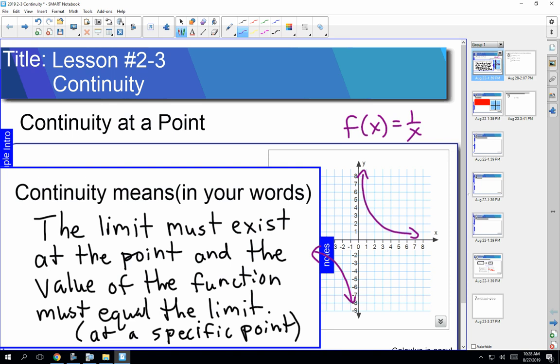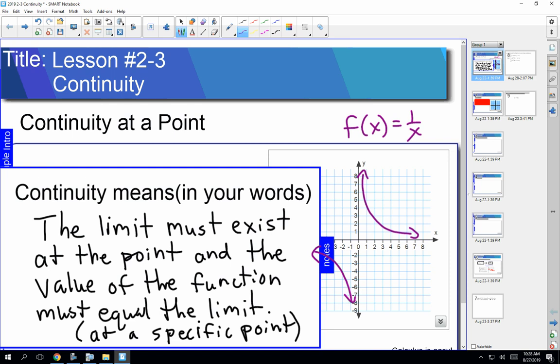It really only fails to be continuous at one single point, x equals 0, right? Otherwise, we could say it's continuous every other place. And so in terms of continuity of a function, that would just mean that it is continuous at every point in whatever domain or interval you give it.